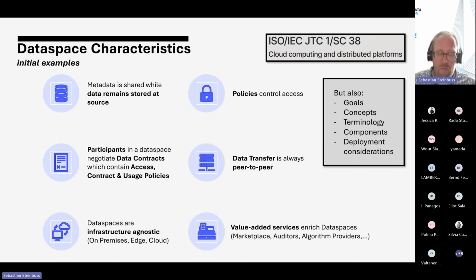Maybe talking also a little about the components that you need to start, and also some deployment considerations. So this is happening. What is happening in 2151? The group is working on that, and we have already a pretty good first draft that we are working on and are progressing with this.